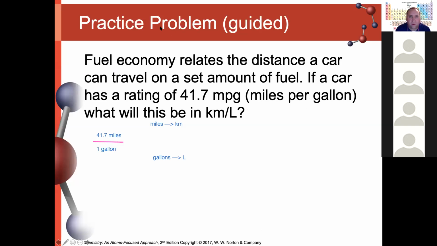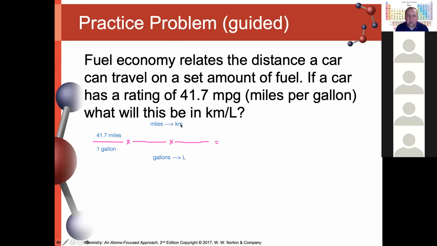It doesn't really matter what order we attack them, but we're going to need 2 different conversion steps here to get to where we want to go. We just got to make sure that we put the right things in the right places.